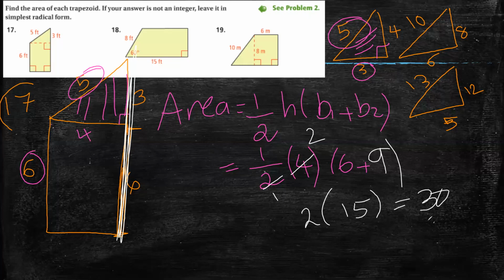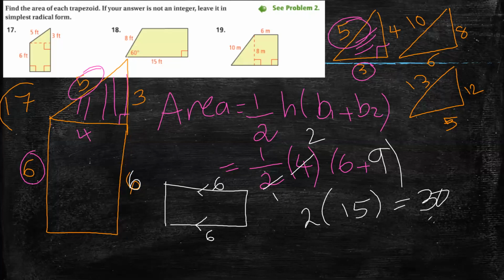Teacher, can you say again where you got the 9 from? Here is the 6. And since it is a rectangle, and in a rectangle each two parallel sides are congruent, so if here is 6, here it will be 6. And here is 6, here it will be 6. Now this 6 is the length of the line segment from here to here for the rectangle.